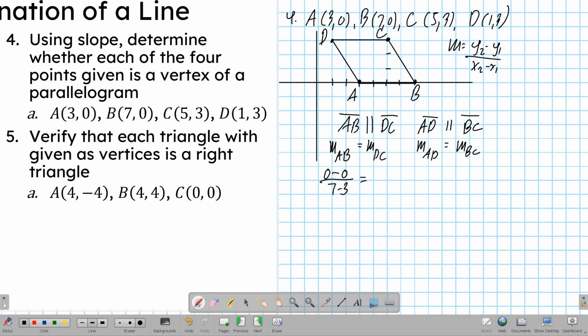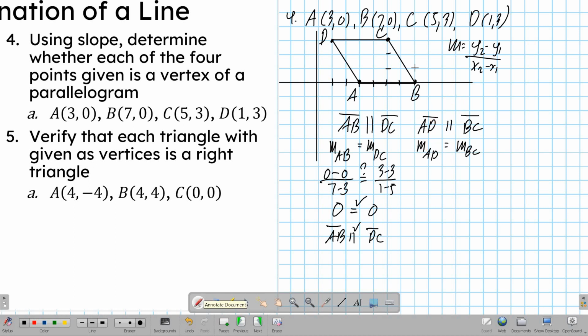Would that be equal to DC, which has 3 minus 3 over 1 minus 5? If we compute that, we get 0, which is equal to 0. So AB is indeed parallel to DC. Now the question is, how about the other pair?